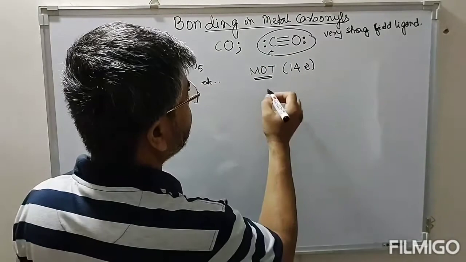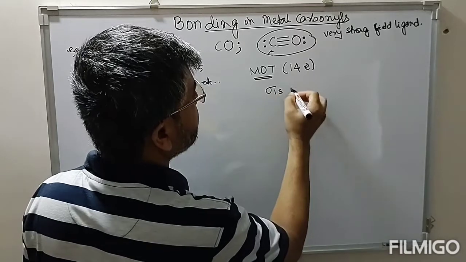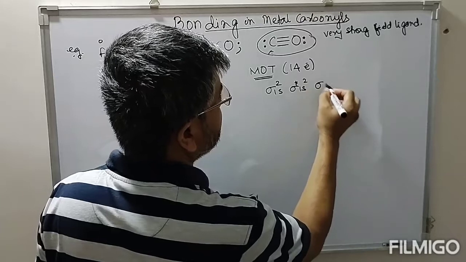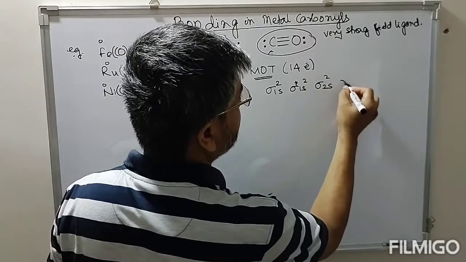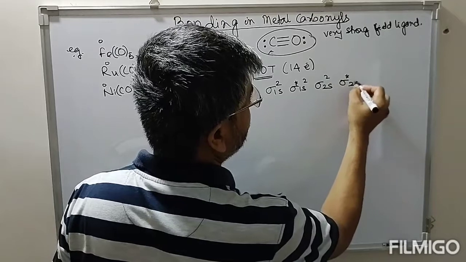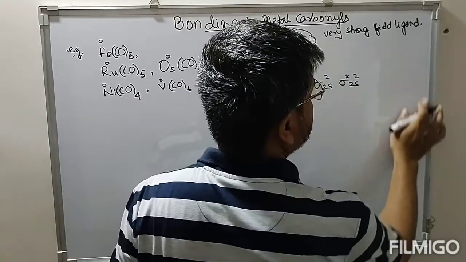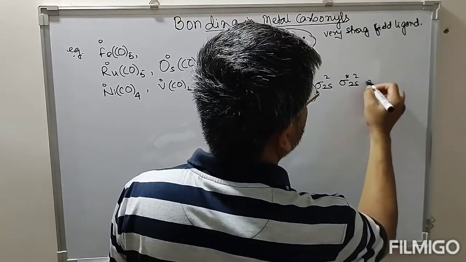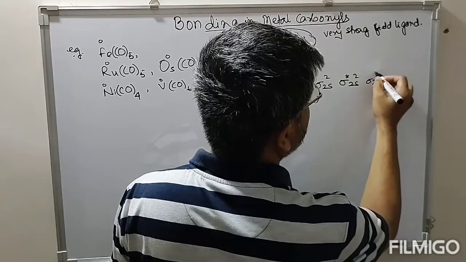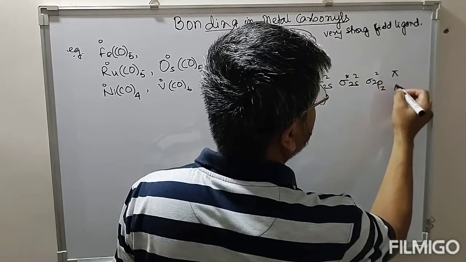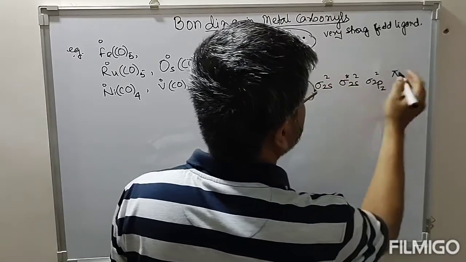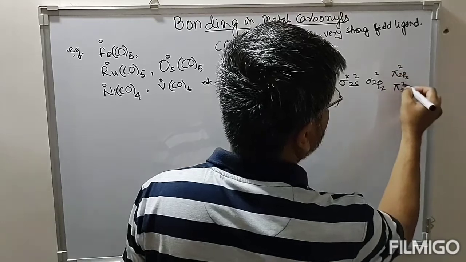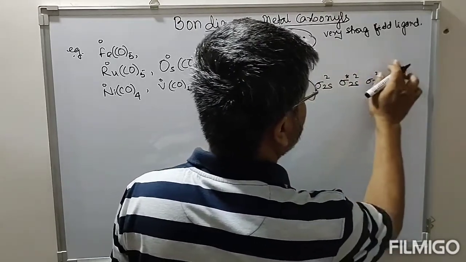So write this electronic configuration. We have sigma 1s2, sigma star 1s2, sigma 2s2, sigma star 2s2. Then we have sigma 2pz2, pi 2px2 and pi 2py2, totaling 14 electrons.